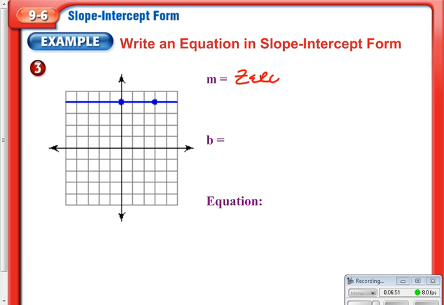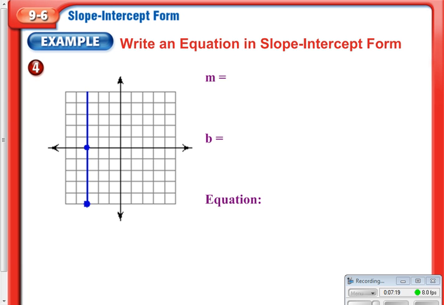This has no slope. However, it does have an intercept. It does cross my y-axis at that point. So from my origin here, that is 1, 2, 3, 4 units up. That is a positive 4. It crosses the y-axis, so I'm going to say y equals 4. That is the equation of that line.